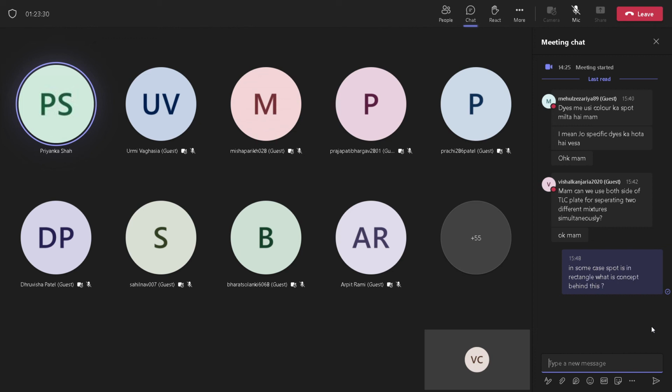As you asked about unknown compound, suppose for unknown compound you get your RF value 0.67. TLC would be the preliminary technique which will give you a rough idea about your qualitative analysis.